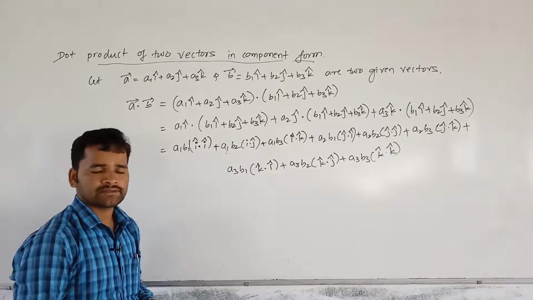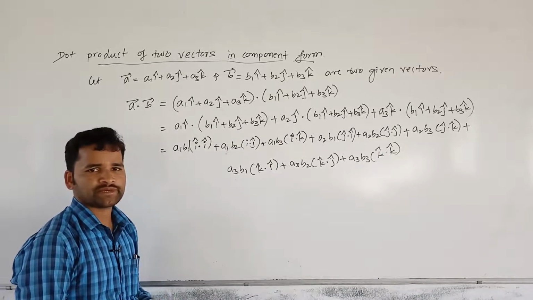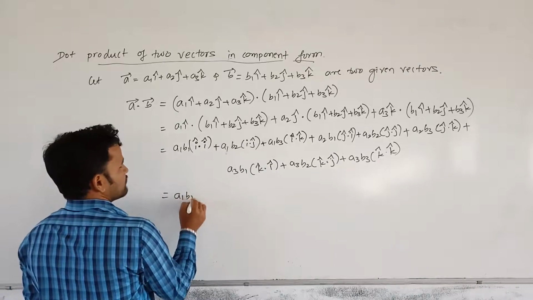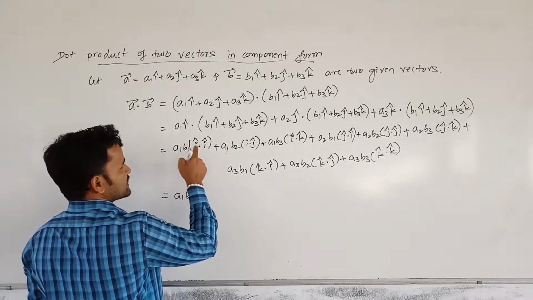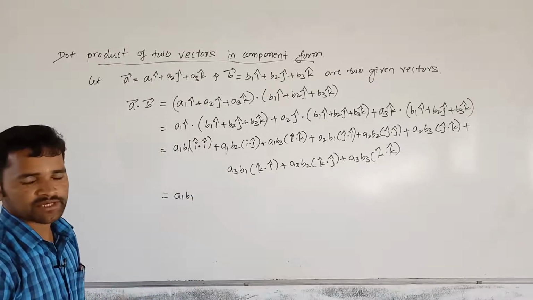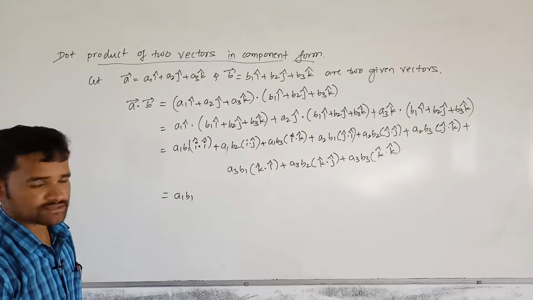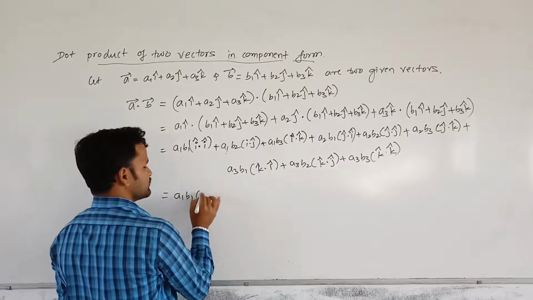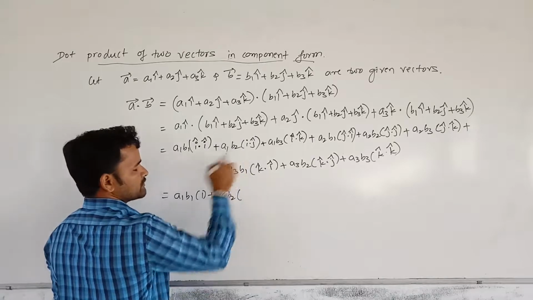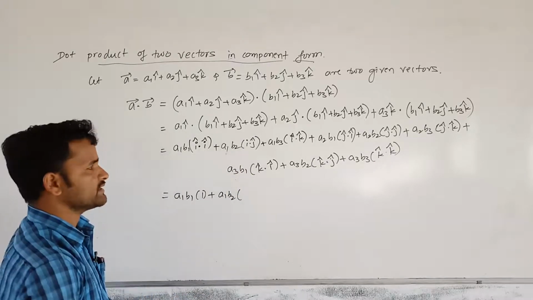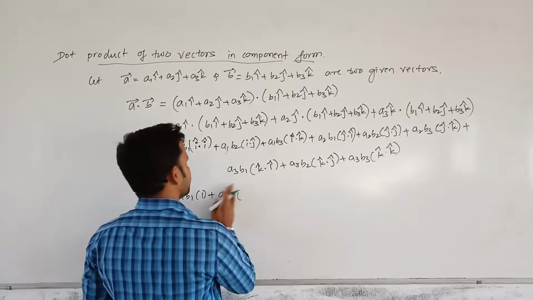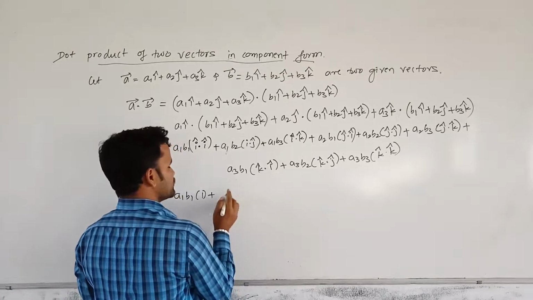Now, going with the observations on the dot product of two vectors that we have studied, A1 B1 stays as it is, with i dot i. What is i dot i? It is the magnitude of i into the magnitude of i into cos 0, and cos 0 is 1. So i dot i is 1. Plus A1 B2 into i dot j. The angle between i and j is 90 degrees, cos 90 is 0, so A1 B2 into 0 is 0.